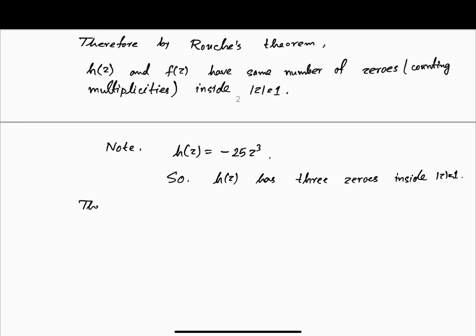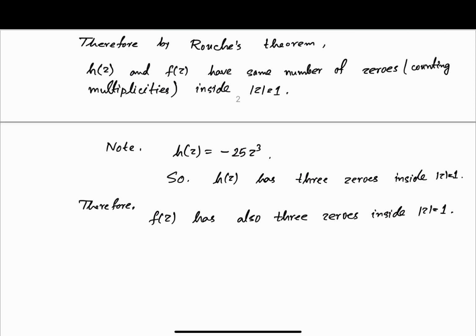So therefore fz has also 3 zeros inside mod z equals 1, right? So this is the first option.